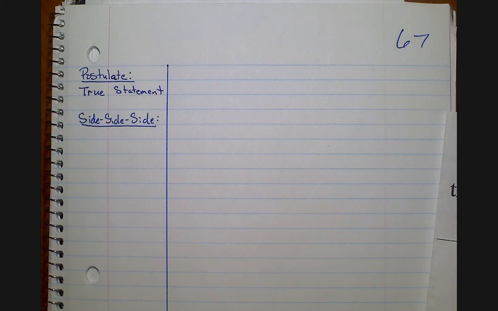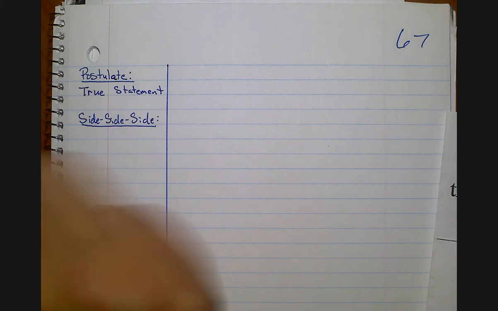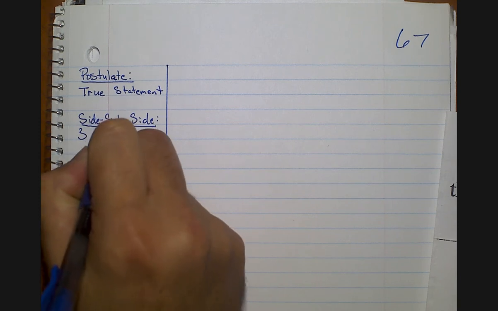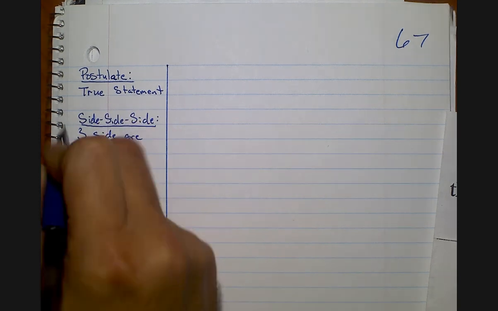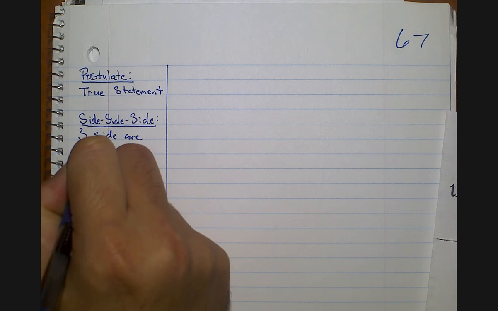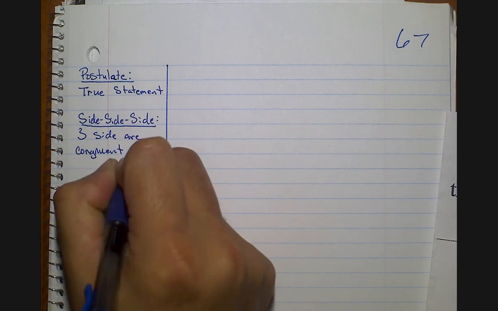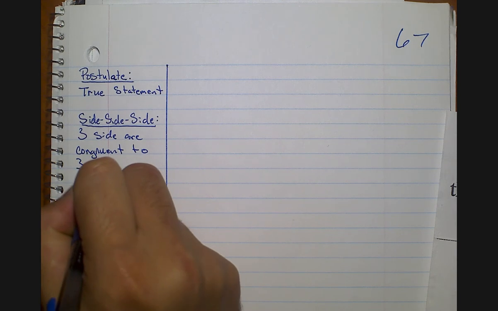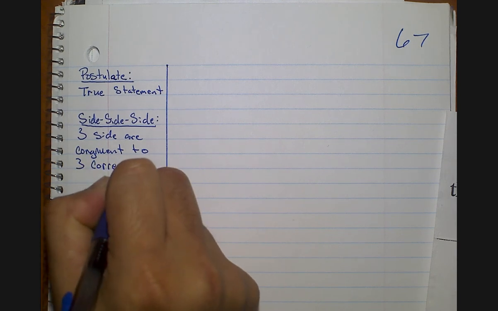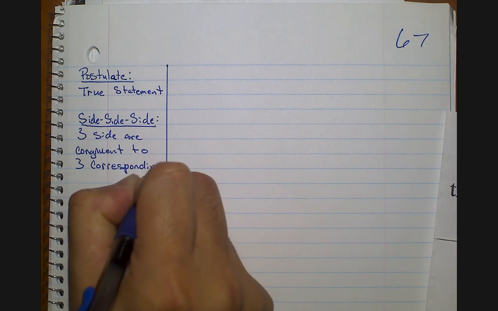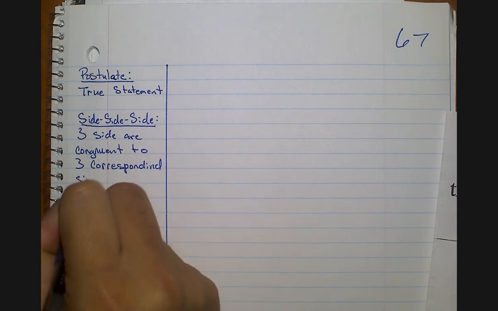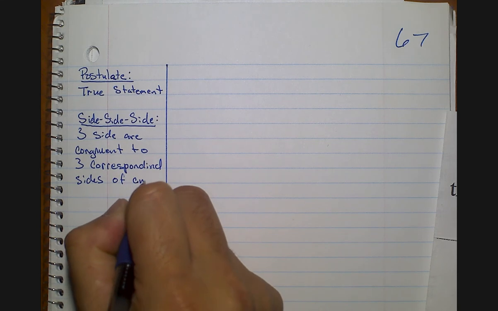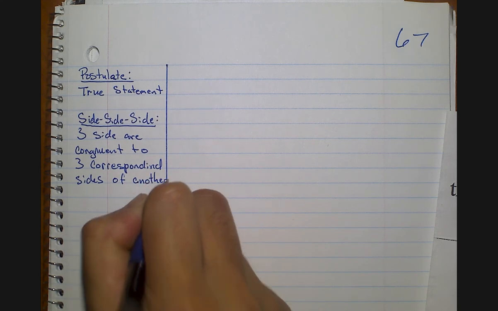Okay, anyway. All right, so side, side, side. Now, that's three sides that are congruent to three corresponding sides of another triangle.